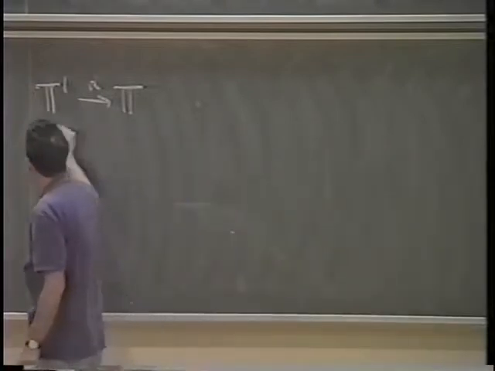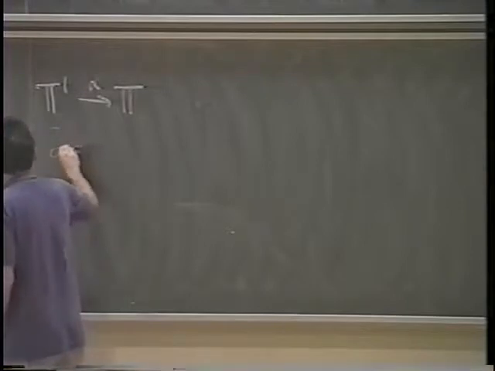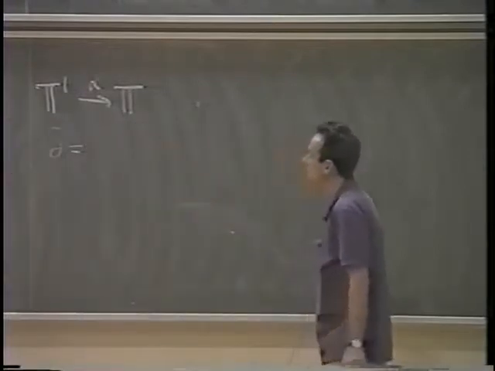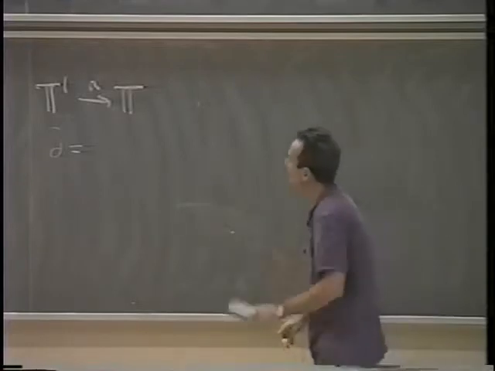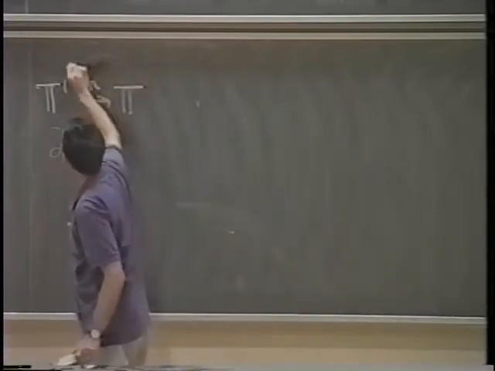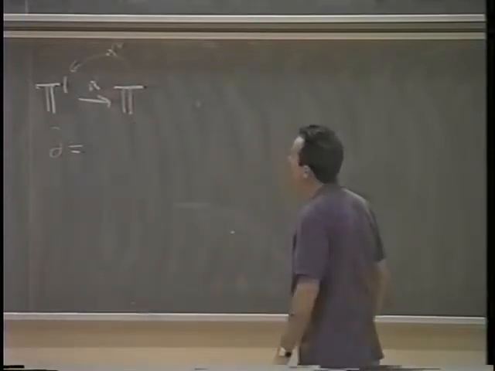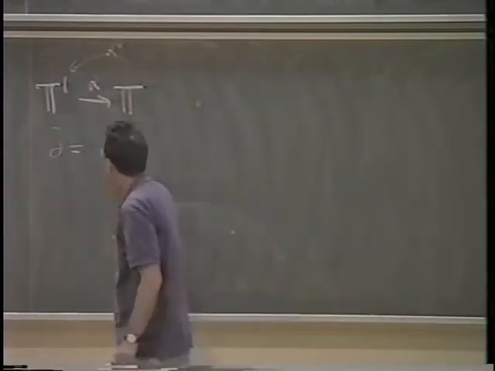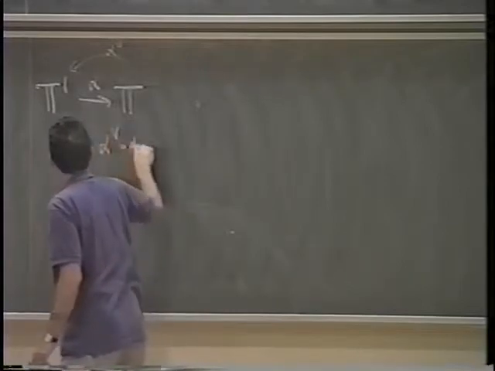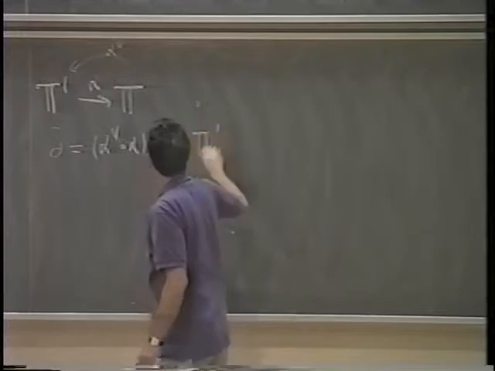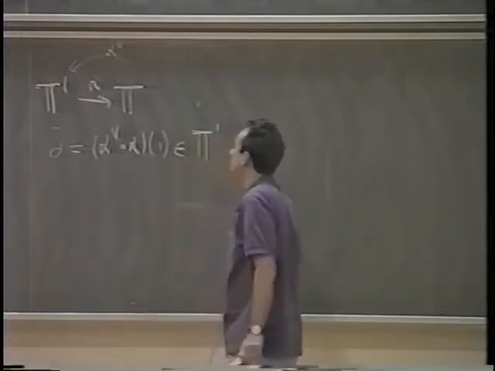Namely, you can take, for example, delta, choose an isomorphism between T and its Z_p dual, and similarly do that for T prime. That enables you to define a dual to alpha, which we could call alpha dual or alpha check. And then delta can be taken to be alpha check circle alpha of 1. Then you get an element of T prime, which is well defined up to units.